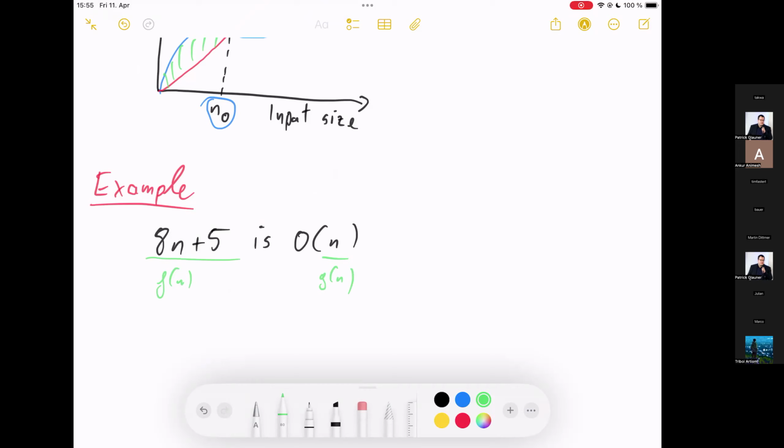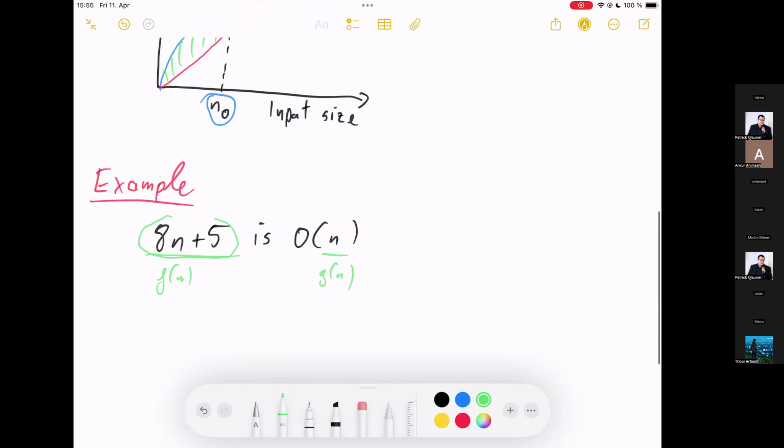So, do you think that this holds true, that 8n plus 5 is O of n? If you think this is true, green reaction or thumbs up. If you don't think this holds true, send some opposite reaction. We only got positive responses, and this holds true. And why does it hold true?